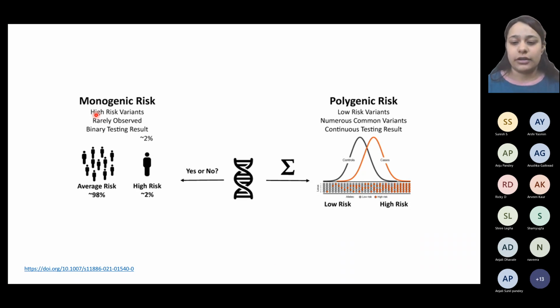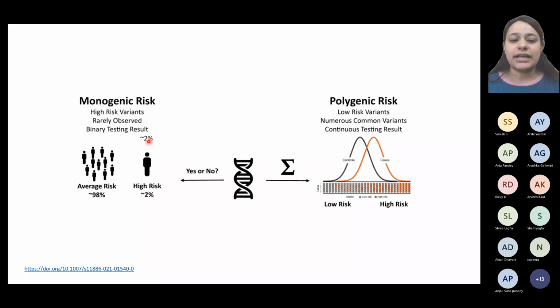But in case of a monogenic disorder, there will be one gene that will be responsible for the disease to occur, right? So if this risk factor is present, it will probably cause the disease, right? So there will not really be a normal population which will actually have this risk factor.